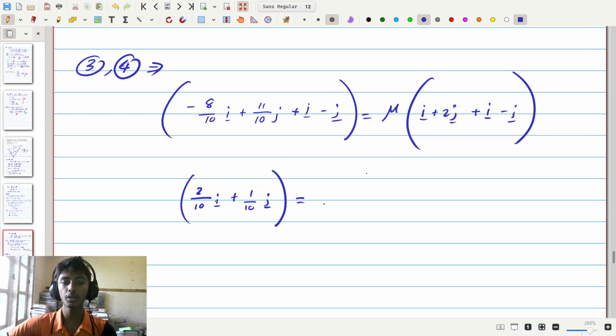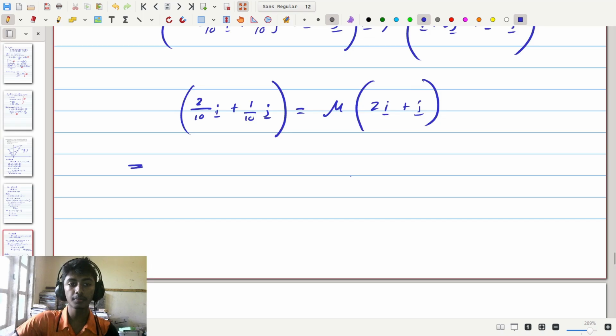That's equal to mu times, and on the right side we have 2i and 1j, so 2i vector plus j vector. This must mean that 2 over 10 is equal to 2 mu, and also that 1 over 10 is equal to mu, since the coefficients of i and the coefficients of j in both of these must be the same.